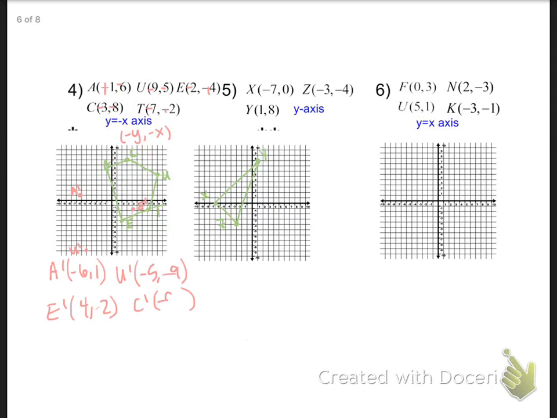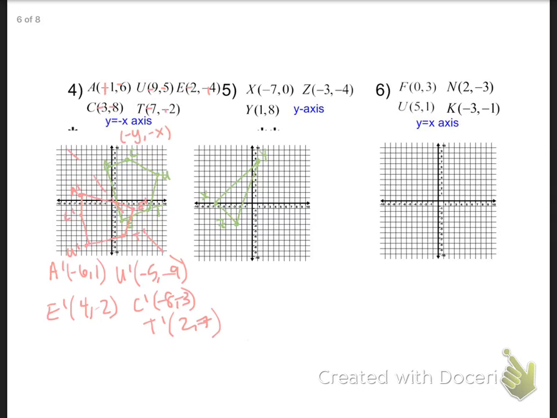Okay, C prime is going to be negative 8, negative 3. And then T prime is positive 2, negative 7. So there's my mirror across that y equals negative x axis.